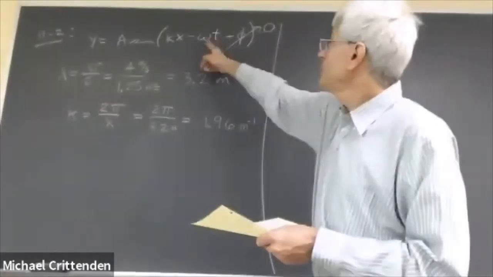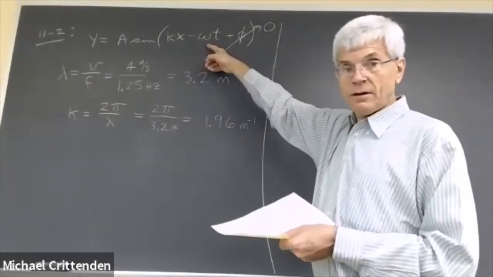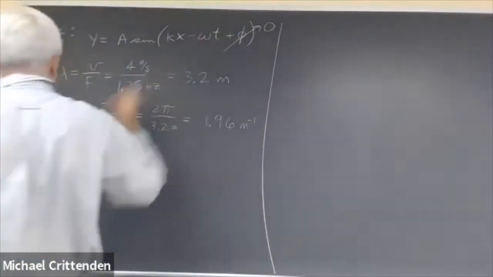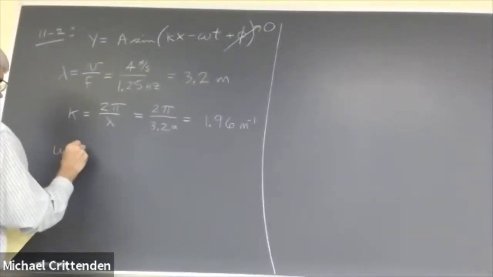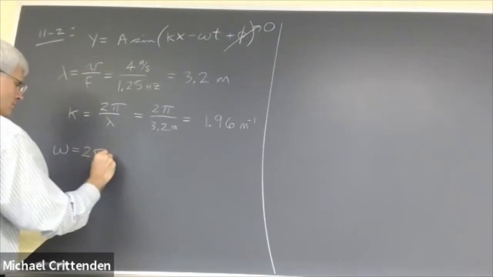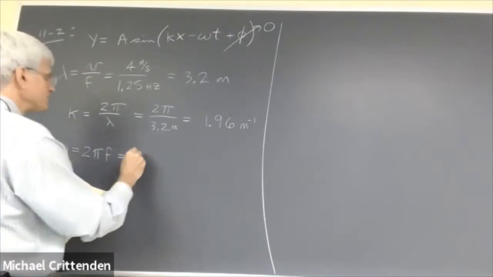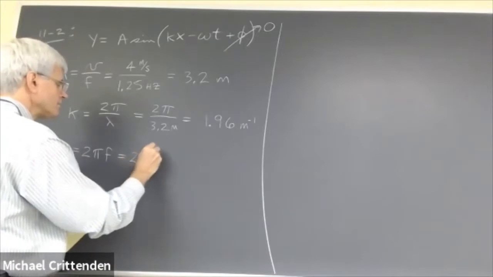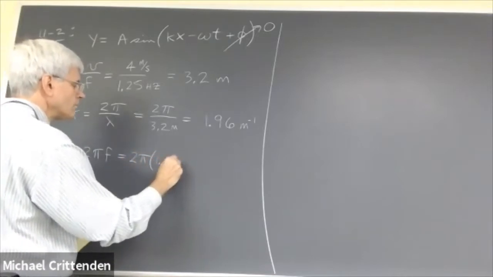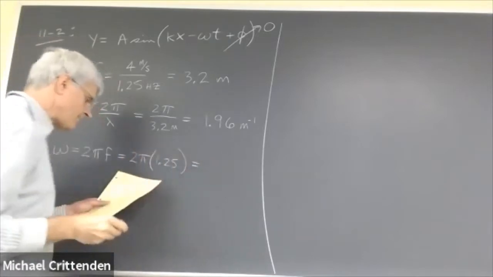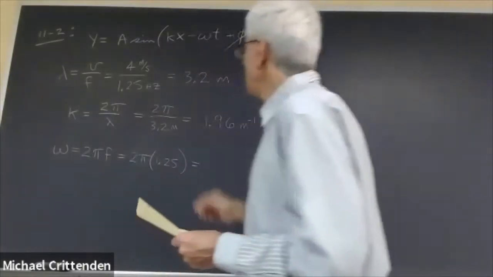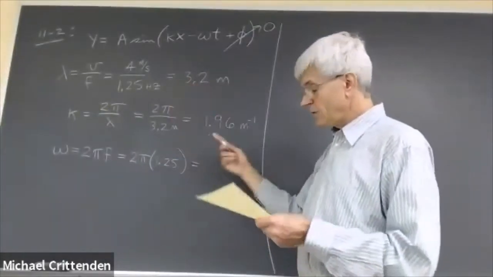We also need something for the angular frequency. Omega is 2 pi f. And the frequency again was given in the question.